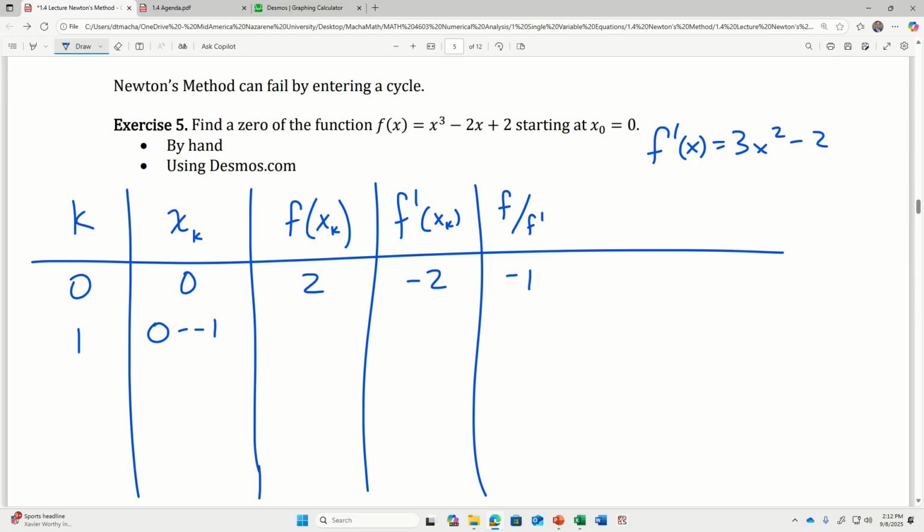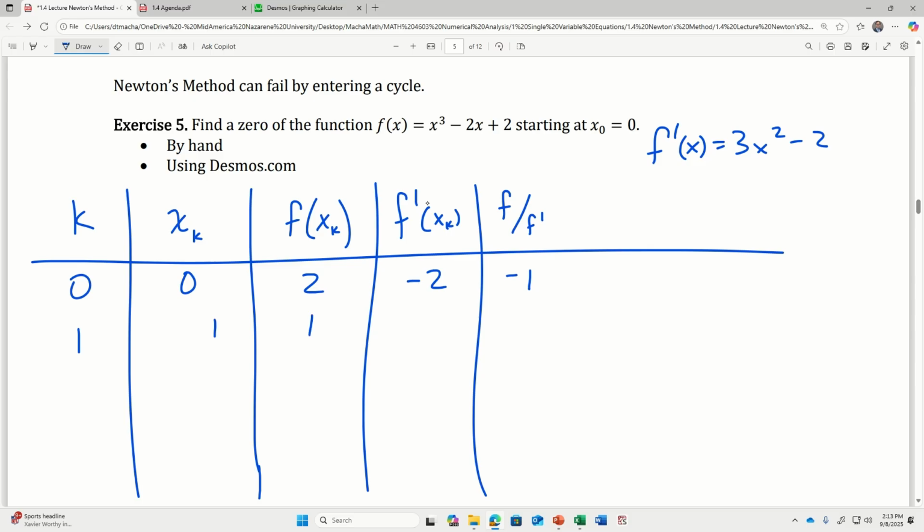Same function. We're starting with a new initial iterate. Let's see what happens. 0 minus negative 1 is the same thing as positive 1. What is f of 1? 1.